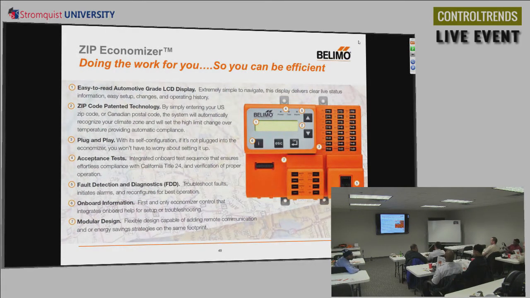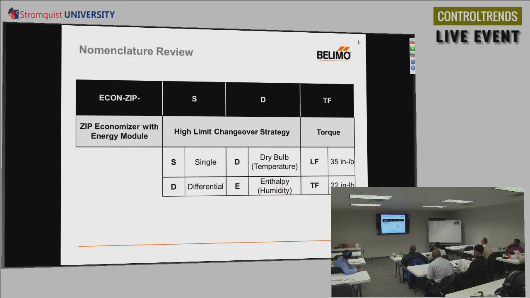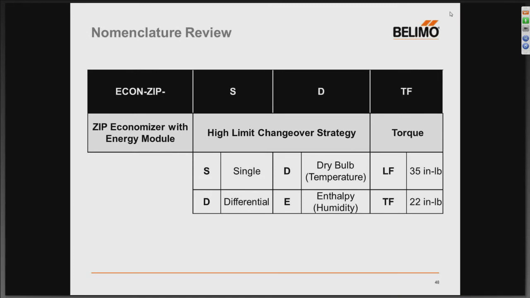Joe wanted to know how many different components there are to ordering, and sort of a ballpark price that would go to an end user. Okay, so I will actually go back a slide. If you ordered one of our new Zip packs, you would just need one part number to order. And this would give you the base unit, your actuator, your energy module, and all the sensors for that configuration.